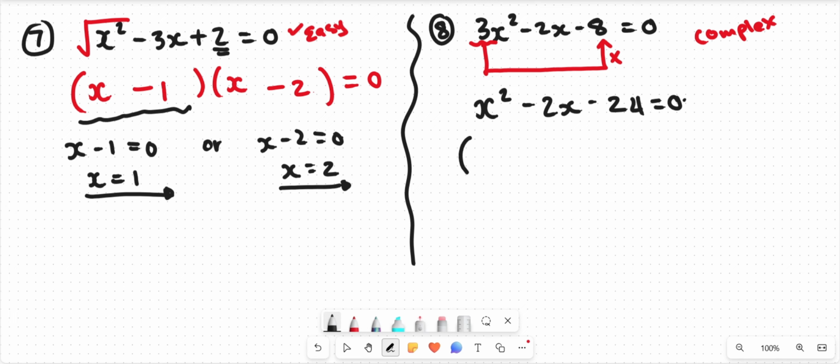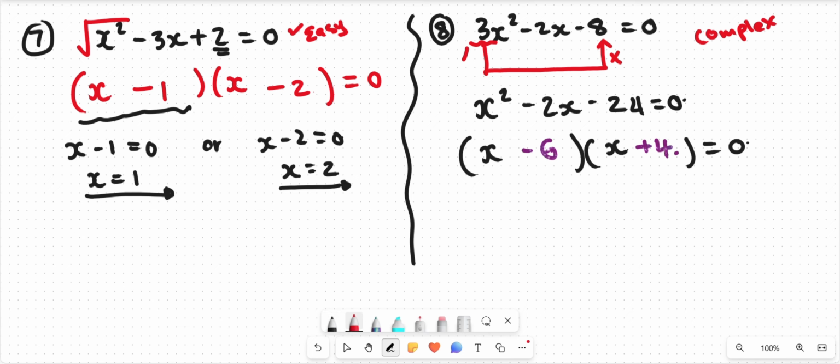Then at this point, we could just easily factorize that guy. Shouldn't be a problem. Factors of negative 24 that add to give me that is a negative 6 with a positive 4. So those are the factors of negative 24 that give you a negative 2.